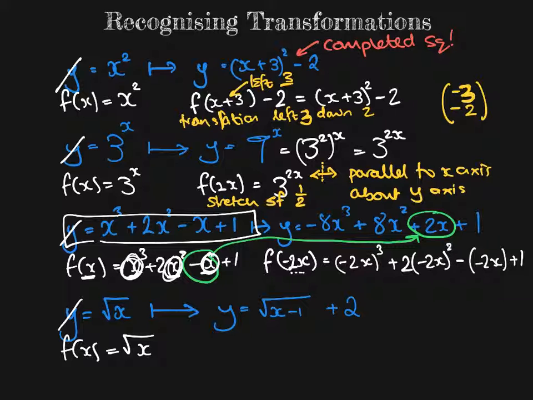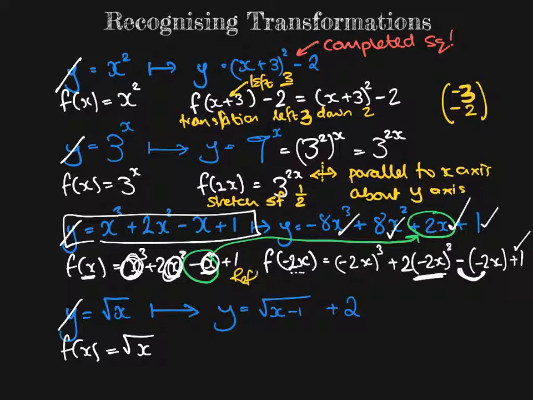So that gives us what we want, because minus 2x all cubed is minus 8x cubed. Then here we've got a minus being squared, so the minus and the minus cancel, giving us 4x squared, but 4x squared times 2 is 8x squared. We've got a minus and a minus here making a plus, so that's right, and then the 1 on the end isn't affected.